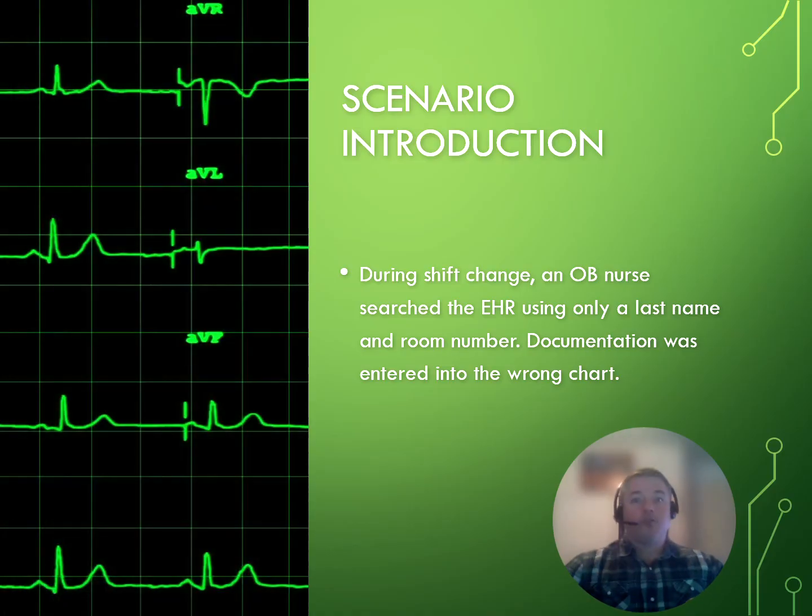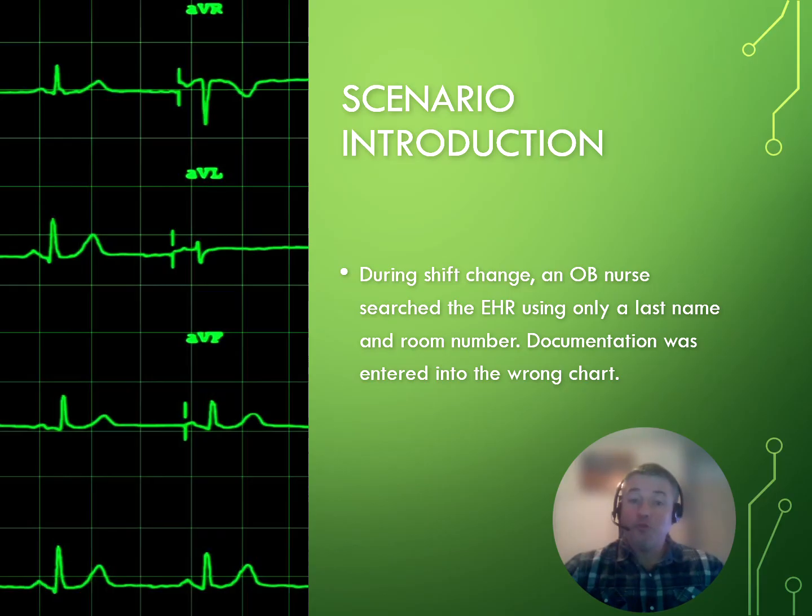So this particular scenario is going to demonstrate how quickly documentation errors can occur when people rely on shortcuts during busy clinical situations. So let's assume the scenario that during a shift change, the nurse searched the EHR using only the patient's last name and room number rather than identifying all required identifiers.